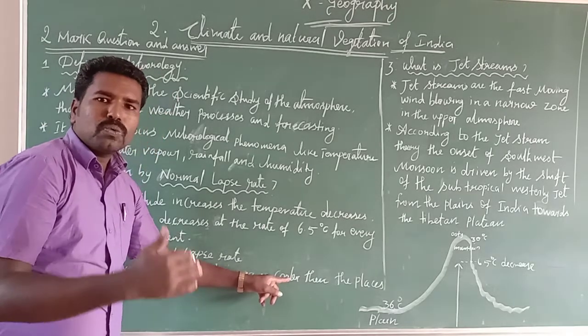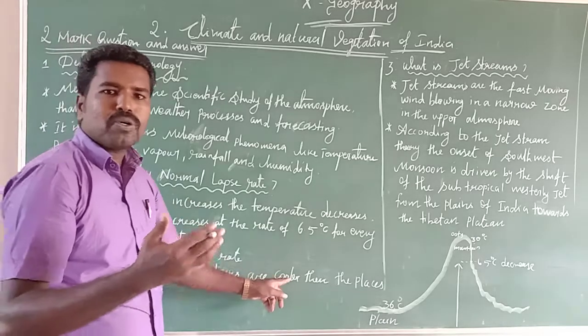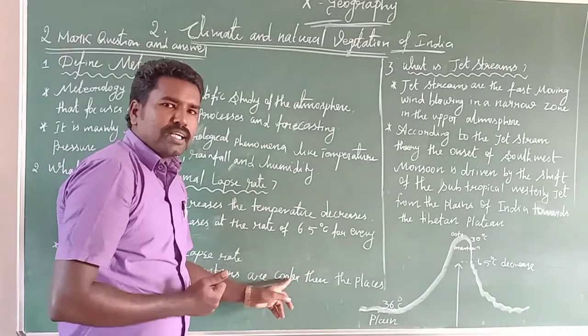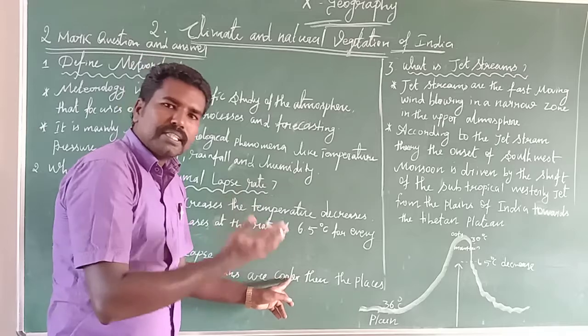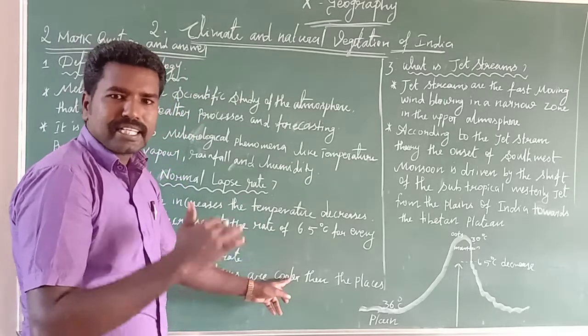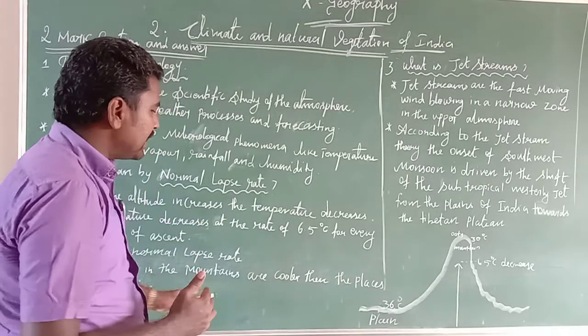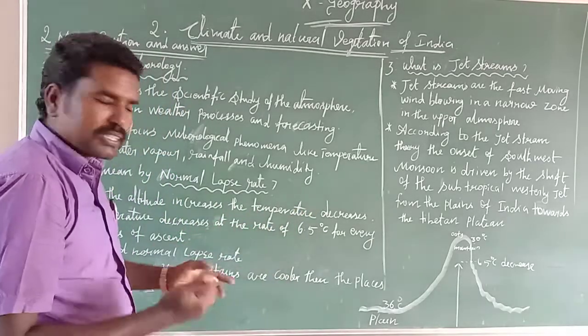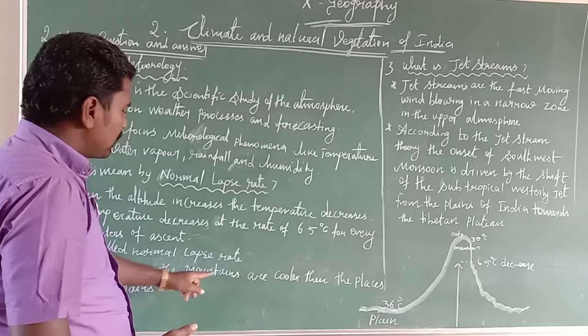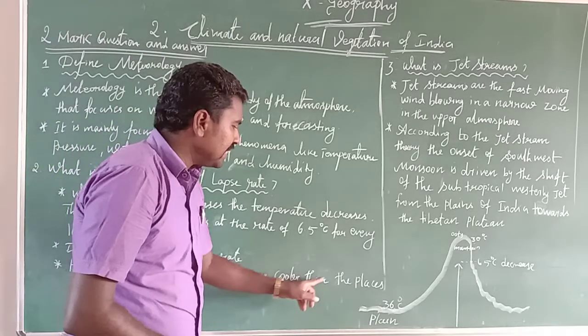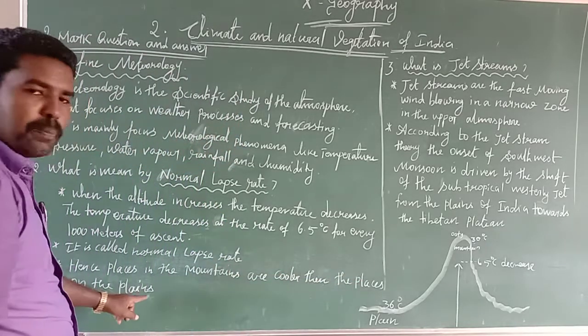Most people go to Ooty, Kodaikanal and Coonoor in the summer season because they are very cool. The main cause of this coolness is the normal lapse rate. So hence the places in the mountains are cooler than the places on the plains.